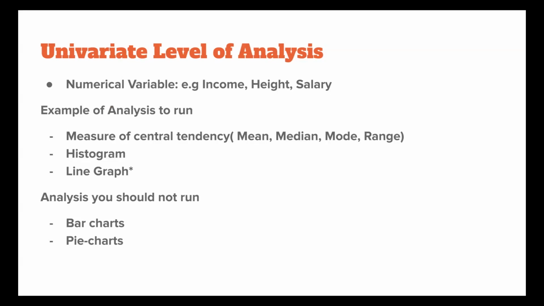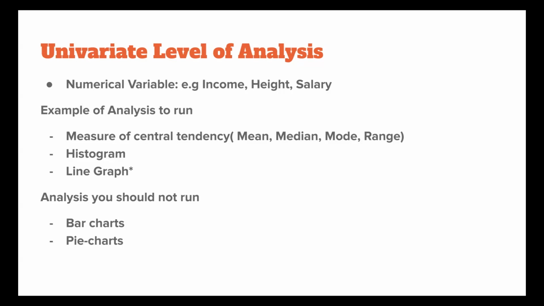We spoke about numerical variables and categorical variables. I am saying all of this on the assumption that you've already watched the previous videos or you understand these concepts. So if you have just one variable, we know there are data types called numerical variables. For example, a numerical variable is income, height, salaries.